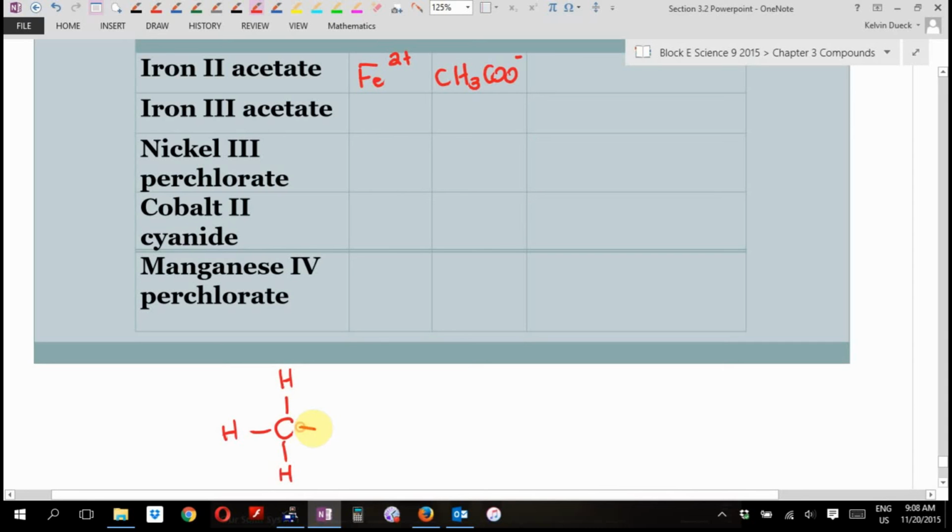Carbon has 1 more bond, bonding with a carbon there too. This carbon also needs 4 bonds. It's got 1, 1 more with an oxygen, 1 more with an oxygen. It needs 1 more. That's why it's negative. It's got 1 more negative bond. That's why they write it that way. I guess that's useful if we really want to dive into what these molecules look like, not just how they combine. Okay?